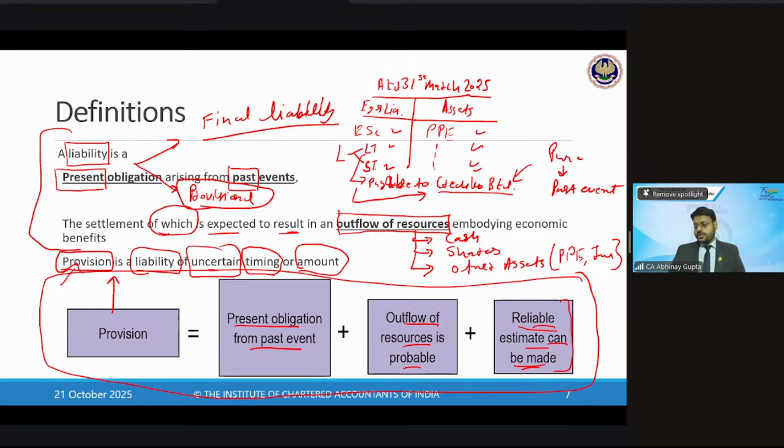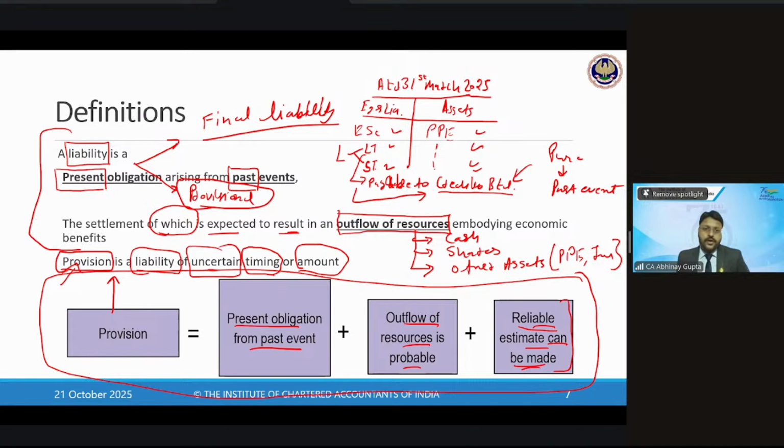A provision will be estimated based on some management assumptions or past trends. Suppose there is a case running in the court. The other party is asking for damages of rupees 1 crore from the company, because they have suffered some health issues by consuming the company's medicine.